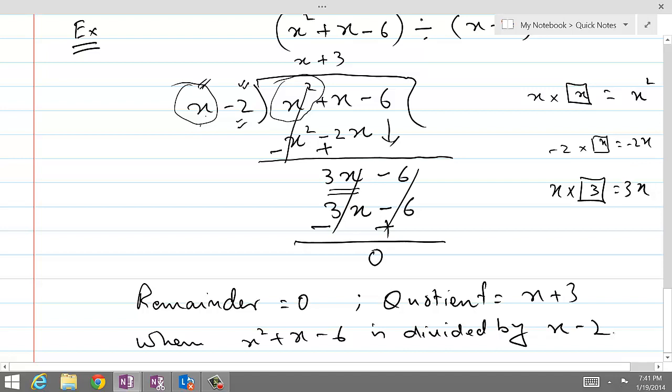So x minus 2 evenly divides x squared plus x minus 6 only when we get the remainder 0.